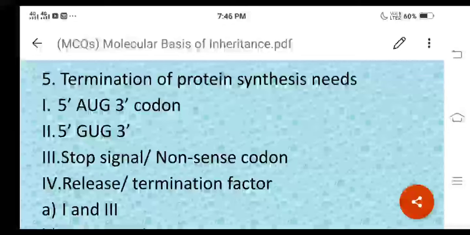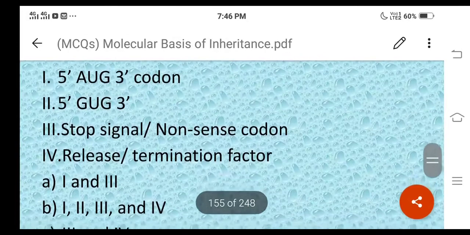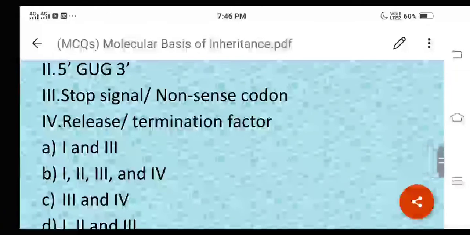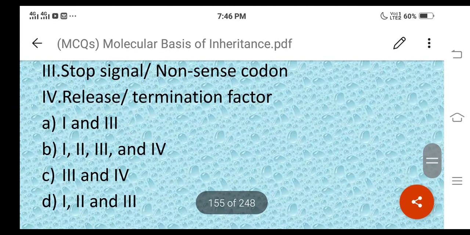Third is stop signal or nonsense codon. Fourth is release or termination factor. The options are: 1 and 3; 1, 2, 3 and 4; 3 and 4; and 1, 2 and 3.